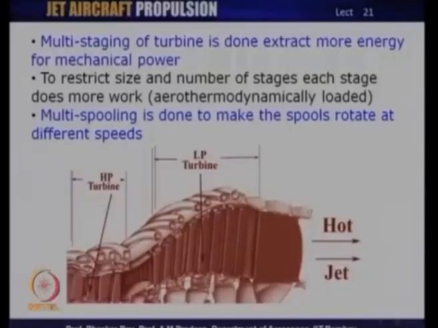Now, fans of a turbofan engine, as you have done earlier, are expected to operate at slightly lower RPMs than the high pressure compressors. The reason being, typical aircraft fans go supersonic at certain operating speeds.